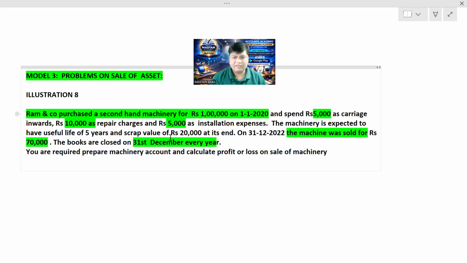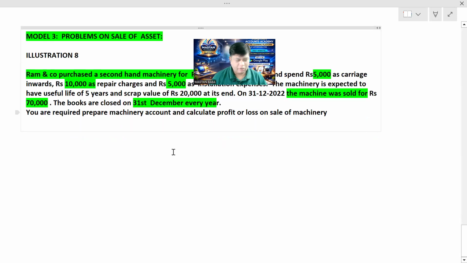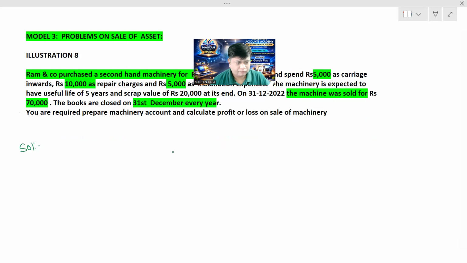So what we can say in the question, there is no rate of depreciation, sir, no rate of depreciation. So first we'll write the solution. Annual depreciation is equal to, just apply the same formula, dear students.